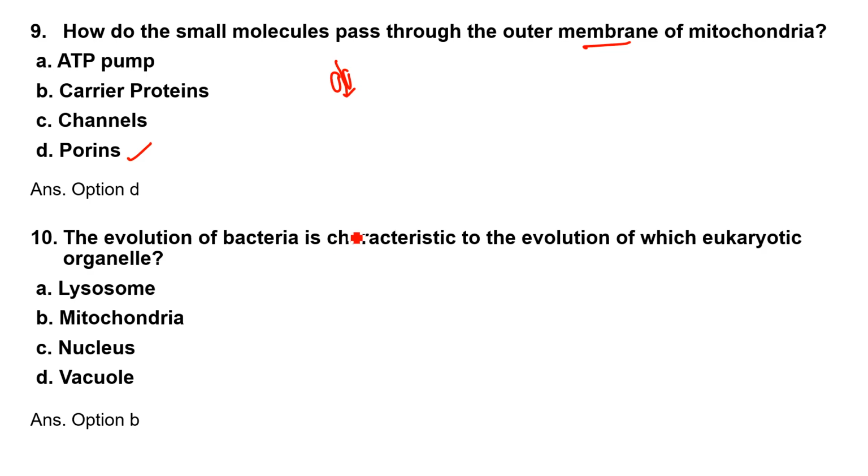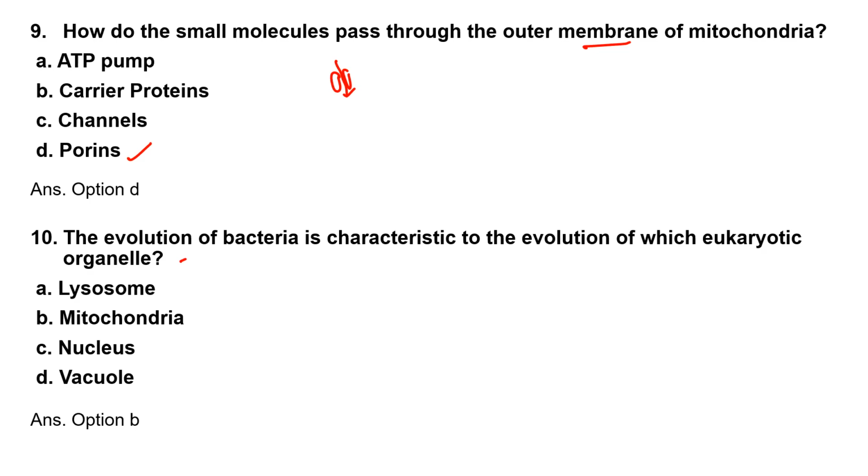Okay, the evolution of bacteria is characteristic of the evolution of which eukaryotic organelle? Often it is considered that mitochondria used to have an independent existence, like a bacterium, but then the mitochondria got engulfed by a eukaryotic organism, and by the process of symbiosis, the eukaryotic cell obtained a few benefits from the mitochondria.